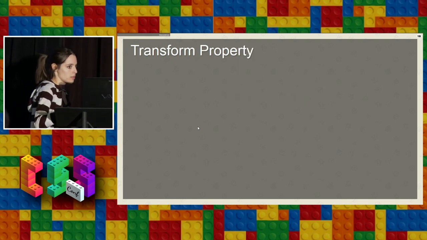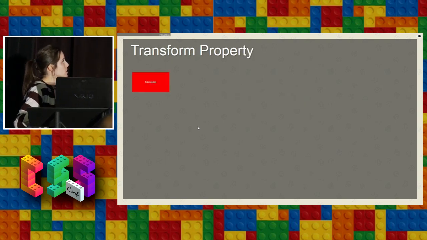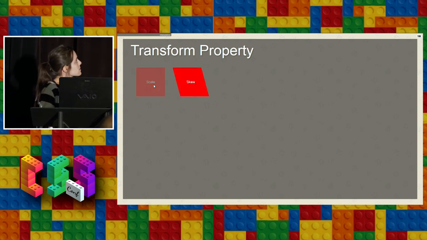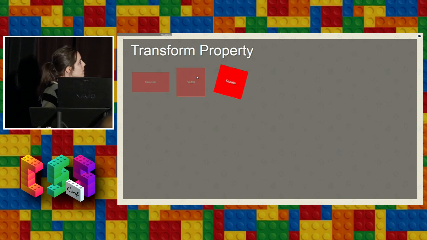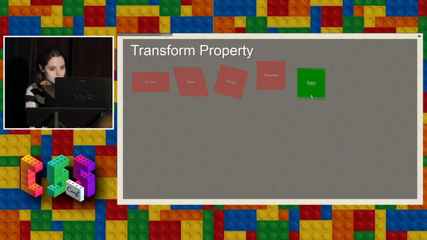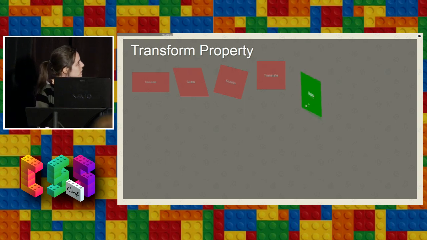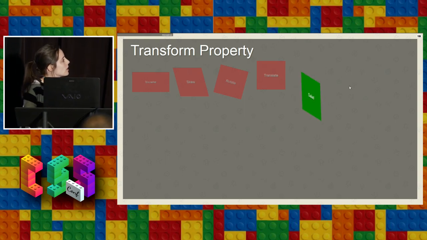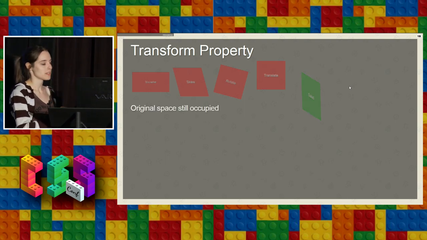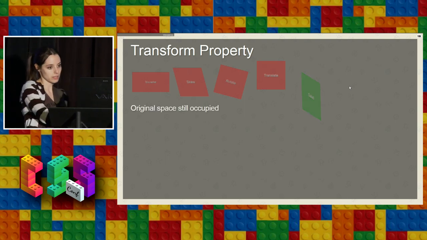We're going to use the transform property, which we know because it scales things, skews, rotates, translates, and we can make a salad out of it, mixing all of them. What we must bear in mind is that the original space of the element is still occupied, even though we do this.